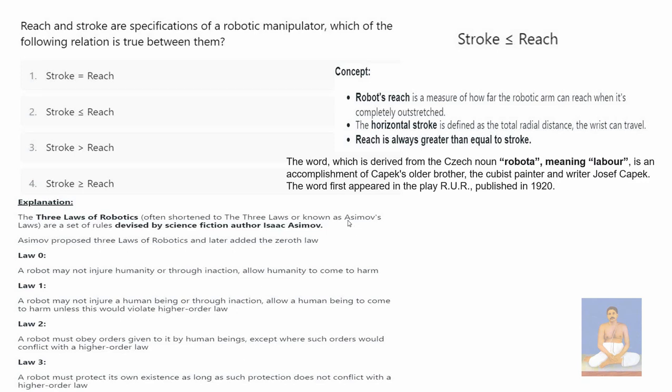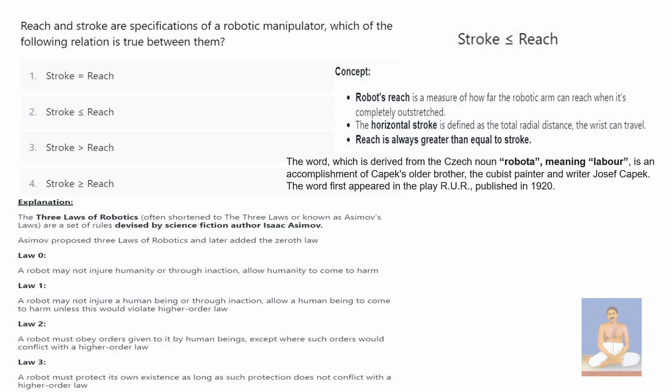On the concept part, robot reach is a measure of how far the robotic arm can reach when it's completely outstretched. The horizontal stroke is defined as the total radial distance the wrist can travel. Reach is always greater than or equal to stroke.